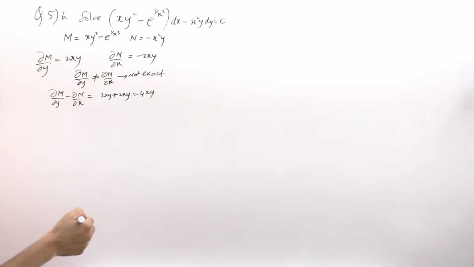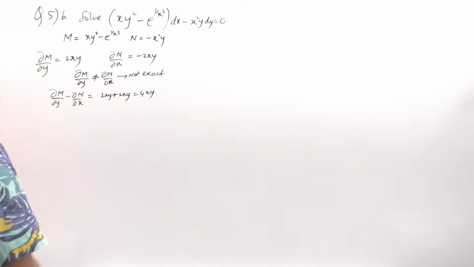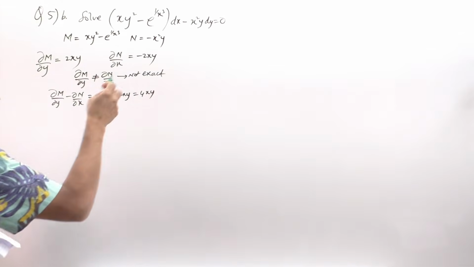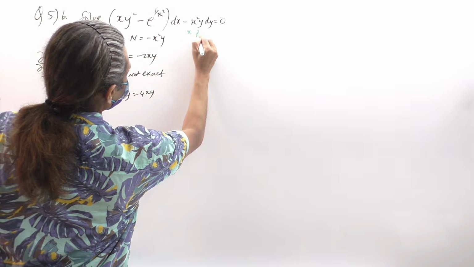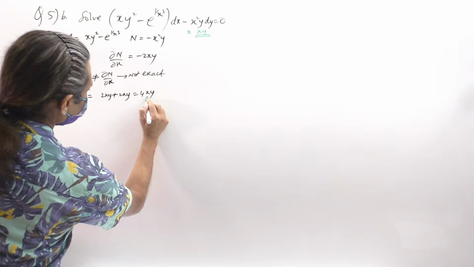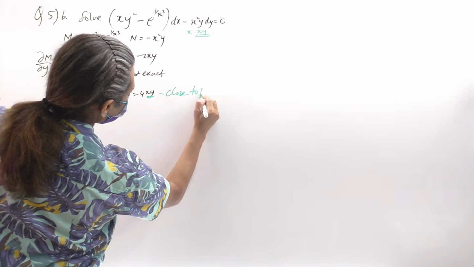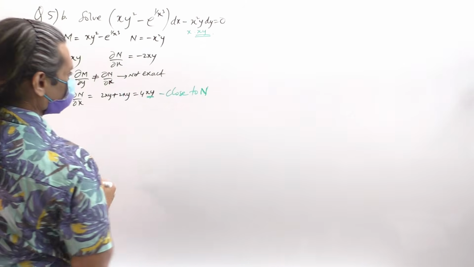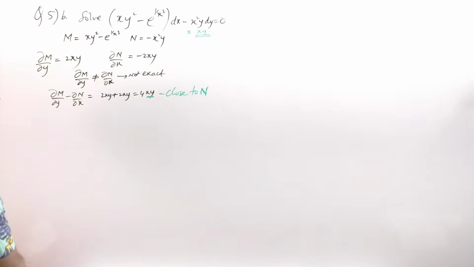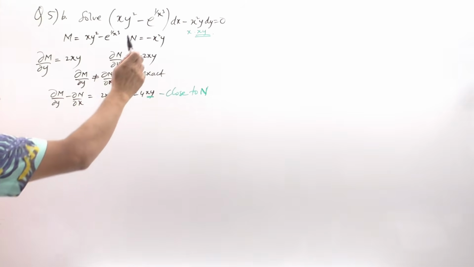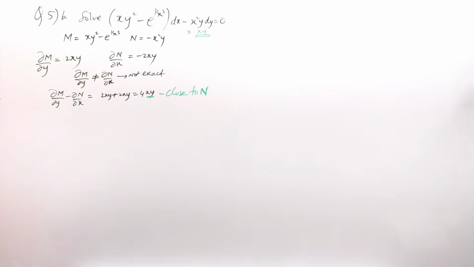And if you see, I can write this x²y as x into xy. So it is close to N. So when it is close to N, what we do?